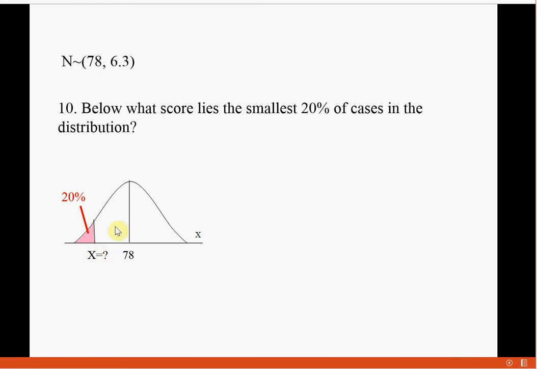What is the size of this slice? That is easy to find out, right? Half of the distribution is 50%, so simply subtract 20% from 50% to obtain 30%. Now we know that this slice is 30%. Now we are ready to take this 30% to the normal table to find the corresponding z-score.